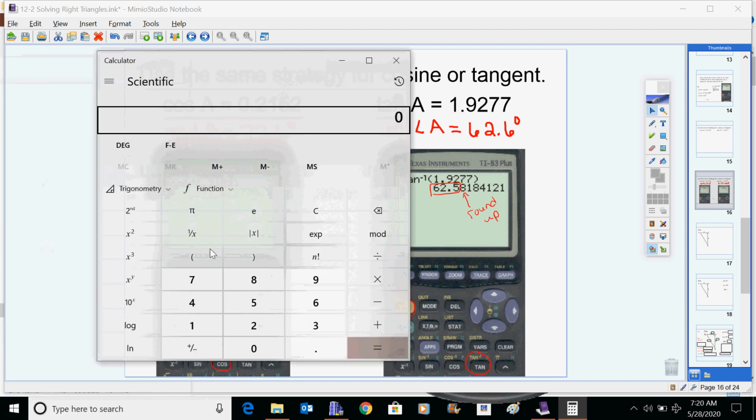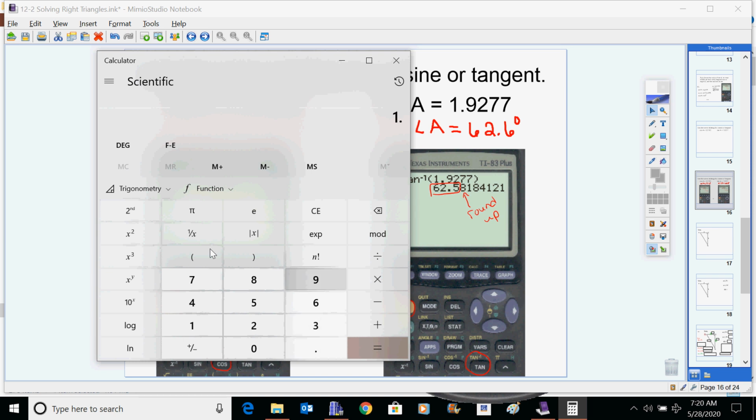All right. Well, you say, well, what about that calculator? Let's take a look at this calculator. It is in scientific mode, and I wanted to find the inverse of 1.9277, and I want to find the sine. We have a second button here, so you need to do, not sine on that one. Wait a minute, that's tangent.